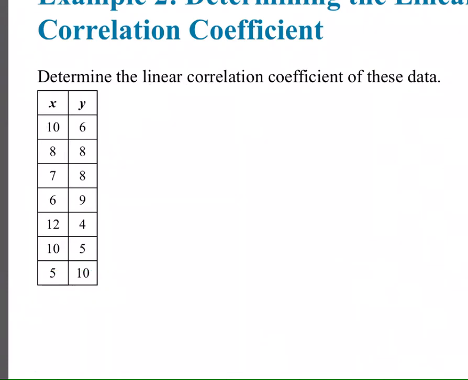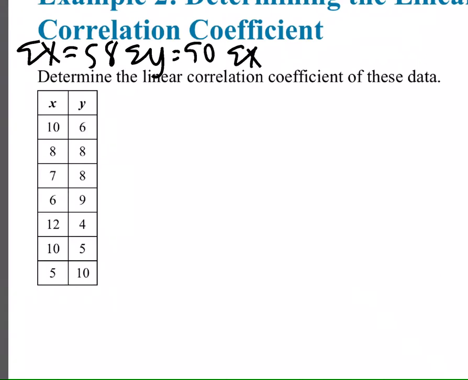So I'm going to write them up here. My sum of x was 58. Sum of y was 50. Sum of x squared was 518.